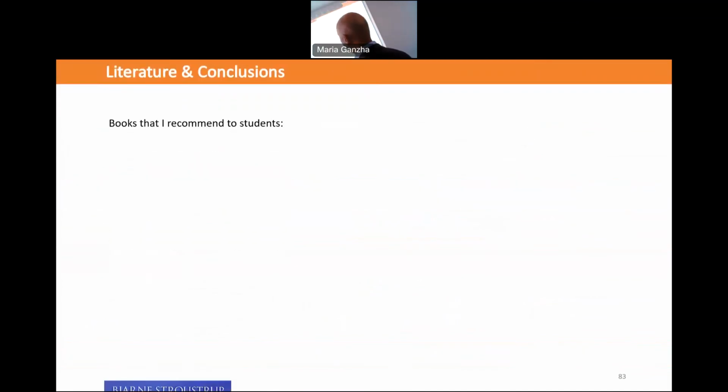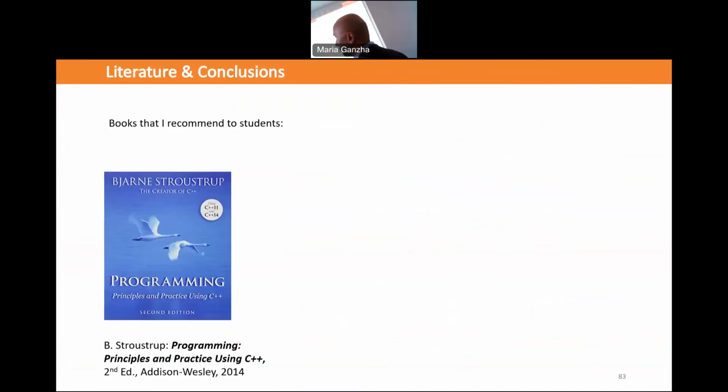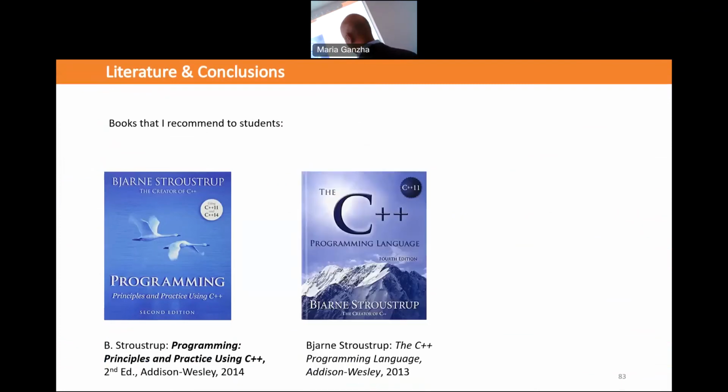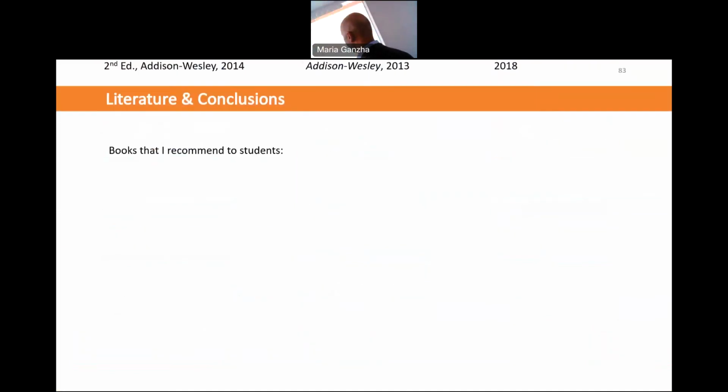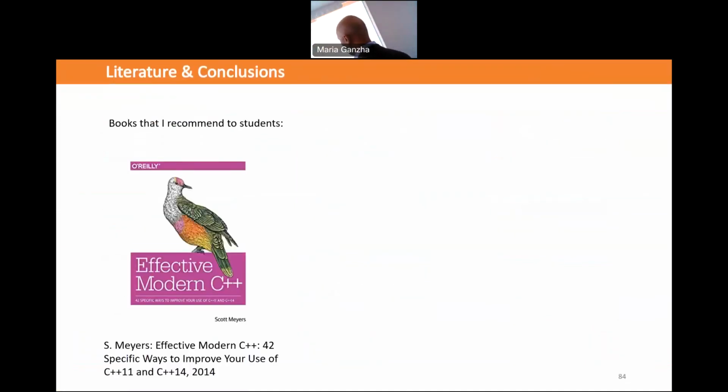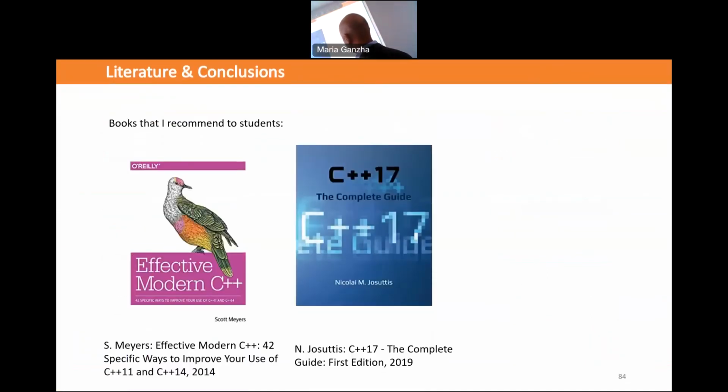What about books? What I was recommending, but these are outdated a little bit. So certainly Stroustrup's book, but this is 1,300 pages or something. This is also outdated. But these are very good books. So this is what I'm recommending. Nicolai Josuttis is writing, just finishing his new update to this book, very good book.